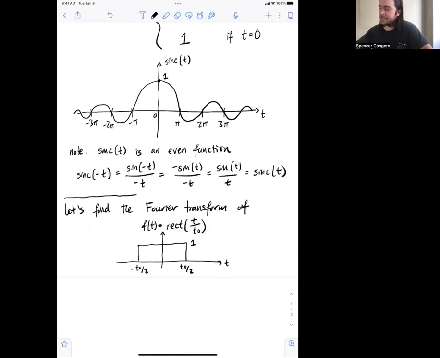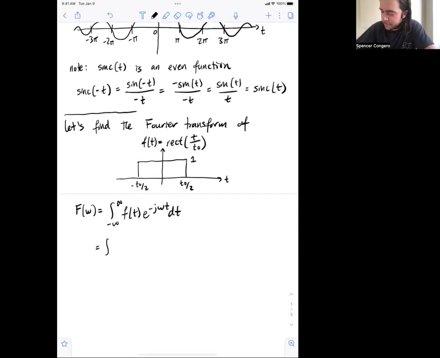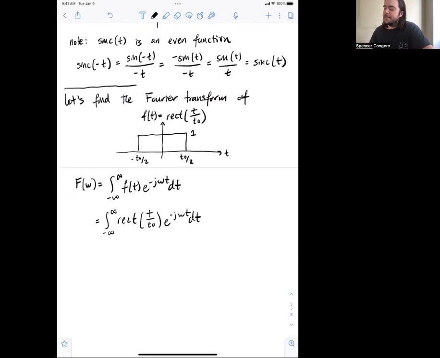All right, so let's find the Fourier transform of this. Well, we know what the Fourier transform formula is. Fourier transform of a function just looks like this. Okay, so let's plug in our particular f of t here, which is rect of t over t naught. Now what can we do? Well, this function is either 1 or 0.